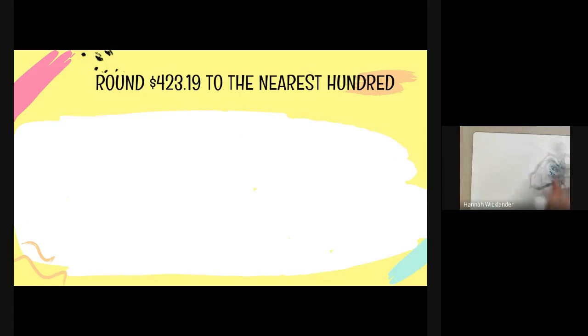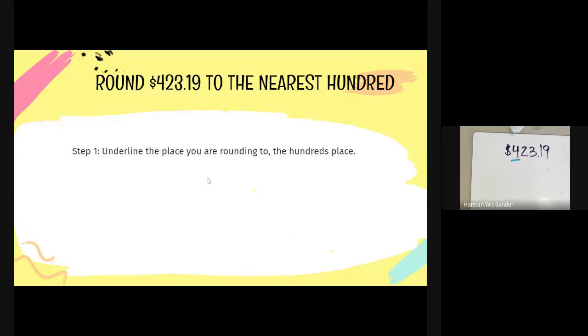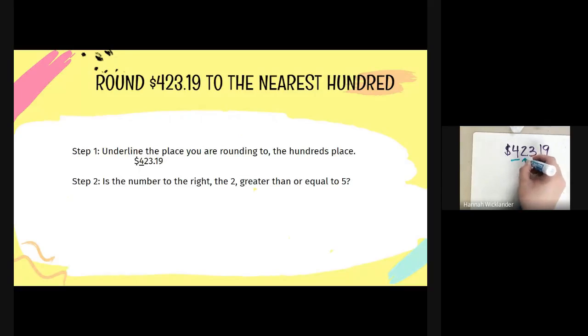So 423, I'm going to round to the nearest hundred and get 400, but I'm going to show you how I did it in case you're confused. So 4 is in the hundreds place, so I'm going to underline it. That's step 1. Step 2 is the number to the right. Is 2 greater than or equal to 5?